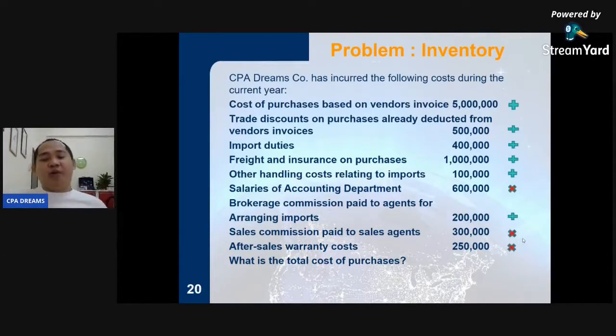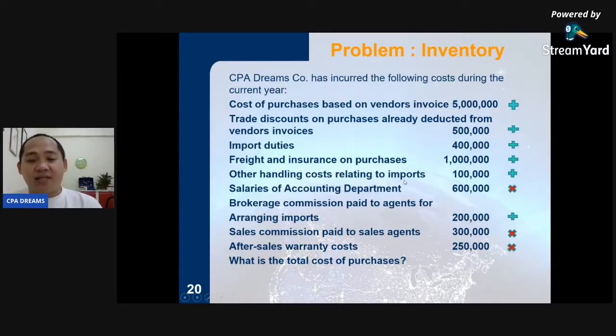I'll go through, bigyan ulit kita ng tips. Cost of purchase based on vendor's invoice, yes, that is to be added. Trade discounts on purchases already deducted from vendor's invoices, 500,000. Import duties, 400,000. Freight and insurance on purchases, 1 million, kasama.